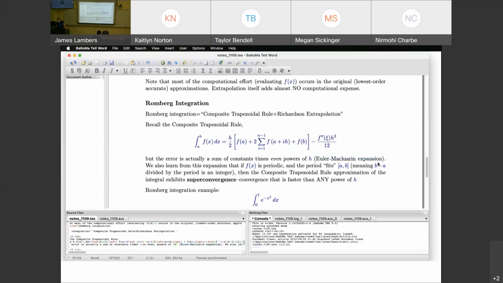I've not taken the time to cover this. However, actually I'll refer to the textbook a little bit later. It is in the book, the derivation of that expansion, which is what justifies the use of extrapolation, that we know the error consists of terms involving even powers of h.